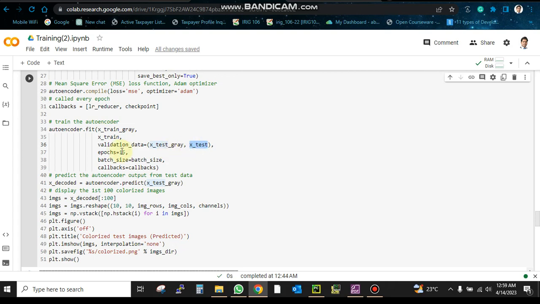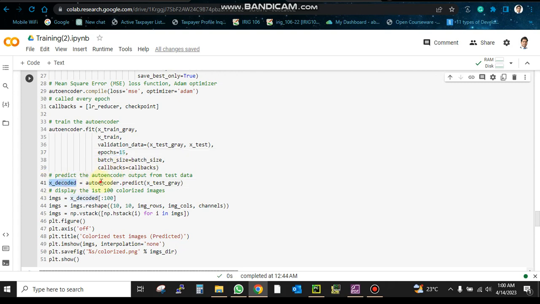We define the epochs as 15 over here. It means that for 15 epochs the model will run over the 50,000 images, so every epoch it learns the 50,000 image conversions. Then this is the batch size, then this is the callback.